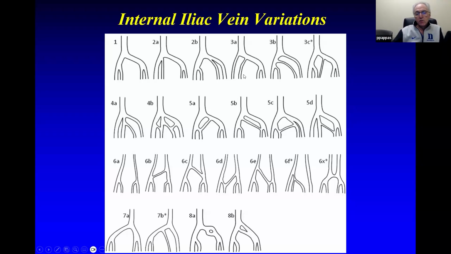And when you're doing balloon occlusion venography, if you don't recognize that this is actually the right internal iliac vein, you're going to be searching for a long time. So high takeoff of the internal iliac vein, either on the right or the left, is very, very common. And a right internal iliac vein coming off the left common iliac vein is also a very common anomaly.